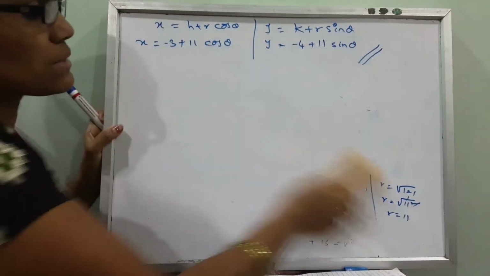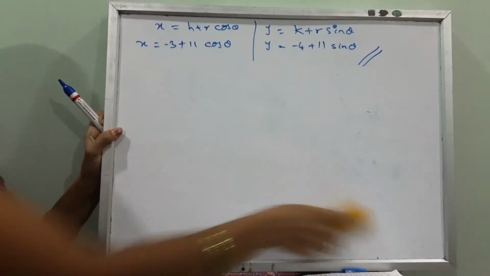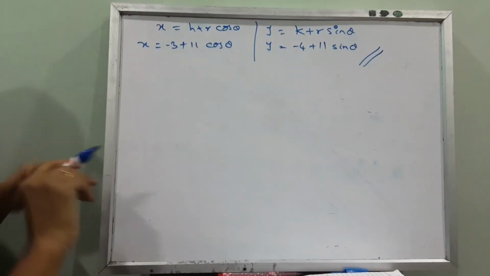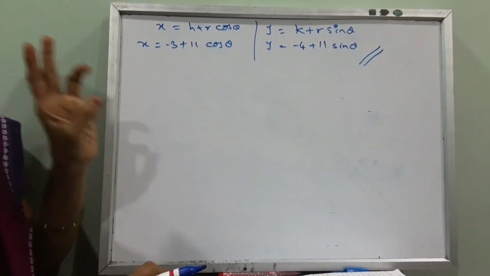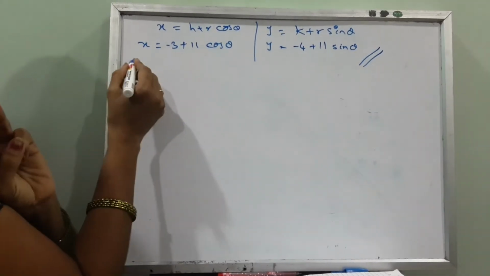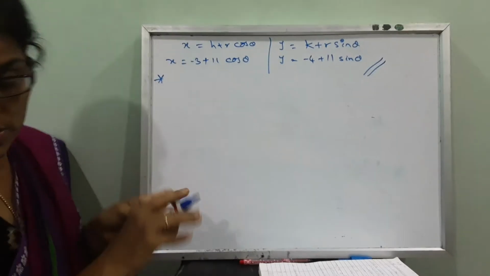Our next concept is the circle equation passing through 3 or more points.